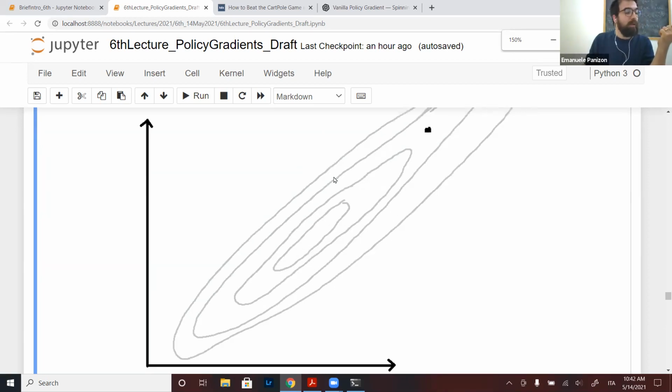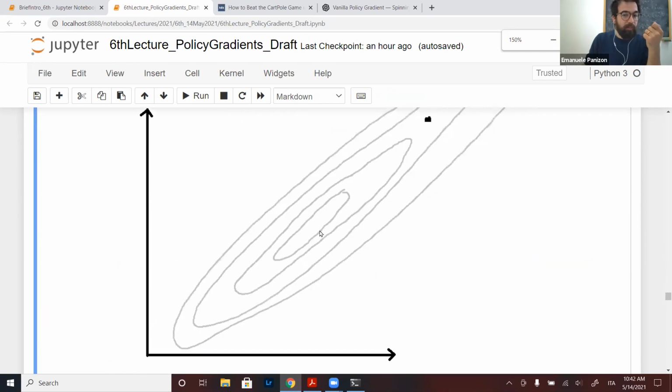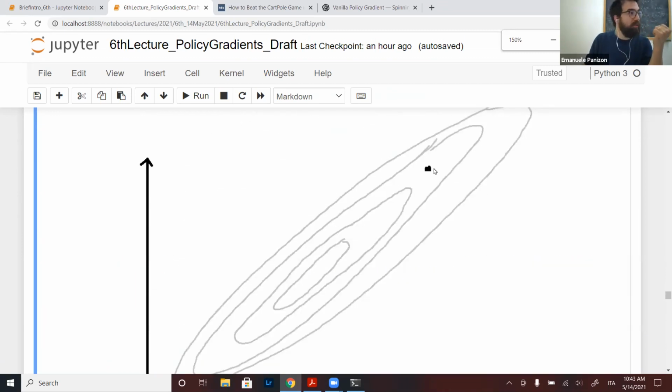Okay. So in a sense, we are here in the space of a policy. Let's say this is the probability of taking action 1, and this is my theta. I don't care about the parameters theta, because the parameters theta do not mean anything. What has true meaning is the probability of taking an action.